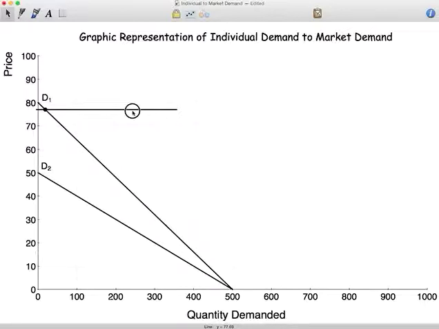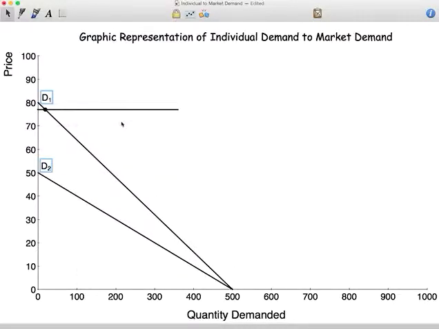And what I'm trying to illustrate from this is that if we want to take a look at what the market demand curve is, it's the summation of demand curve 1 and demand curve 2, but you have to realize that it's not always going to be a function of both of those items.